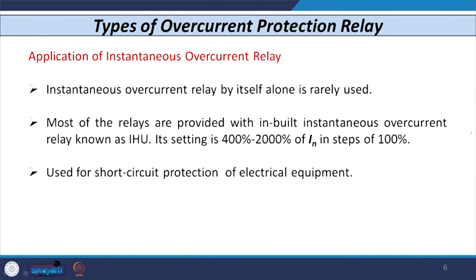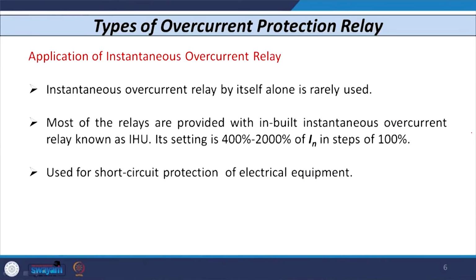So, with this background, let us see the application of the instantaneous overcurrent relay. It can rarely be used alone. We cannot use it as a single relay directly in the field for protection of a transmission line or distribution feeders. It is always used associated with some other type of relay.